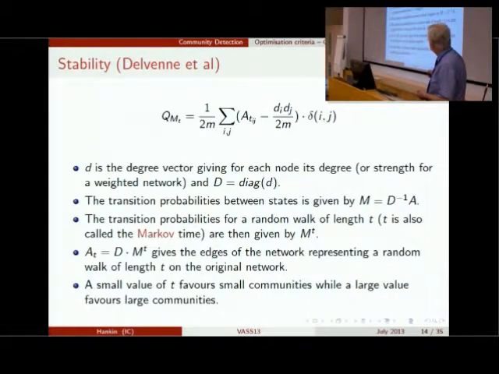And now we can construct this A^t matrix, which is just the multiplication of D, the diagonal matrix from up here, with M^t. And basically, if you want small communities, then you choose a small t. If you want large communities, you pick a larger t. The calculation of the quality, once you've been through this process, is just the same as it was in the Newman case. But the t gives you the resolution parameter.